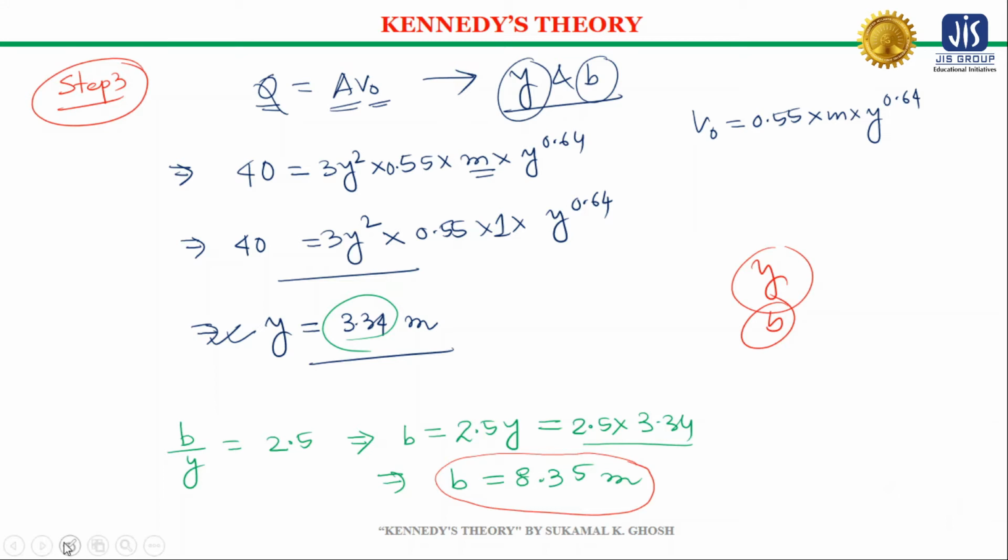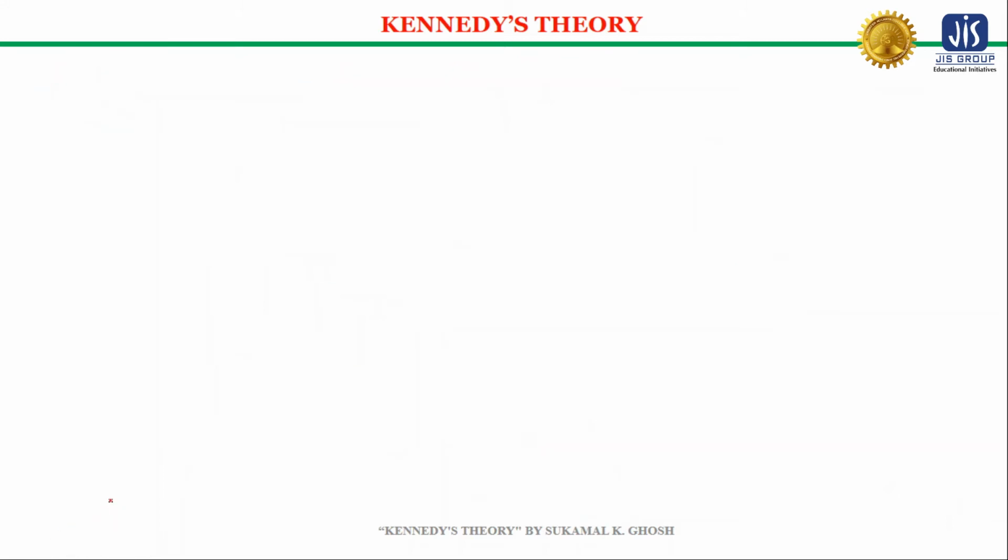Now what was our step 4? Our step 4 was to calculate the value of v naught. The value of v naught is equal to 0.55 into m into y to the power 0.64.